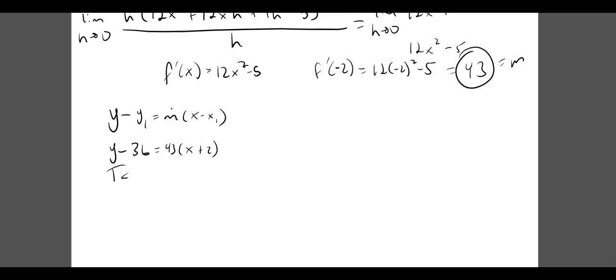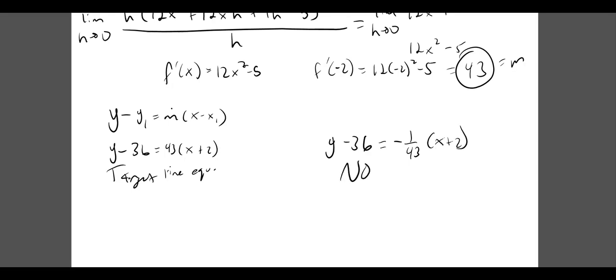That's your tangent line. The only difference for your normal line would be, don't change anything but the slope. We want the negative reciprocal. This is our normal line equation.